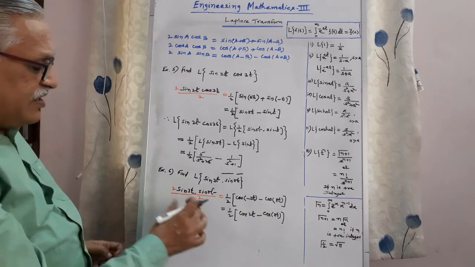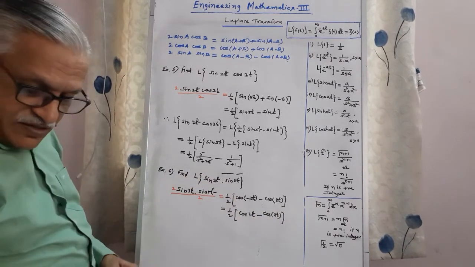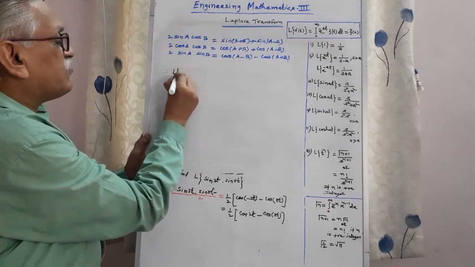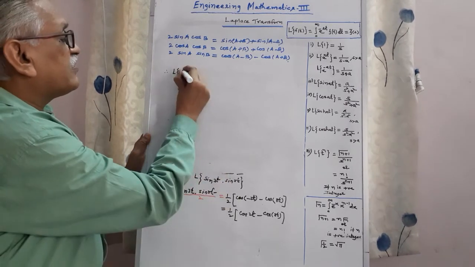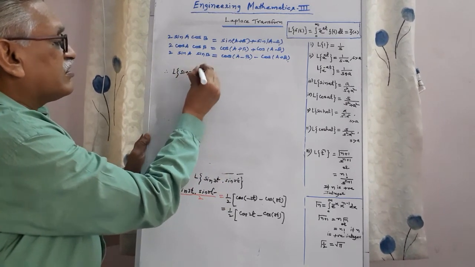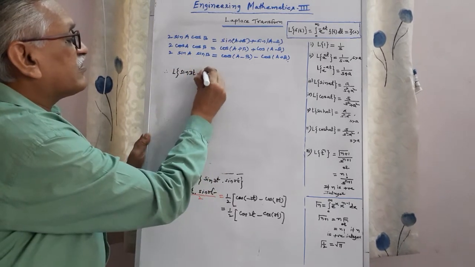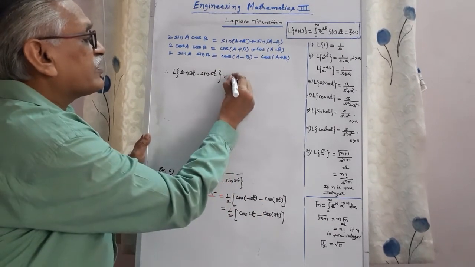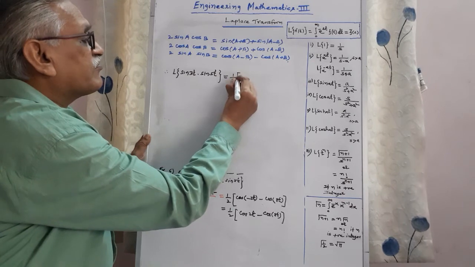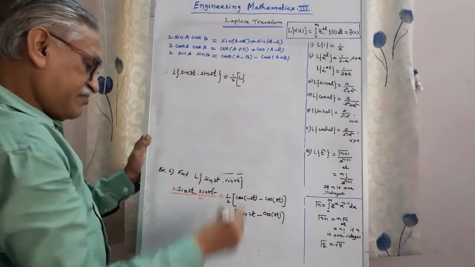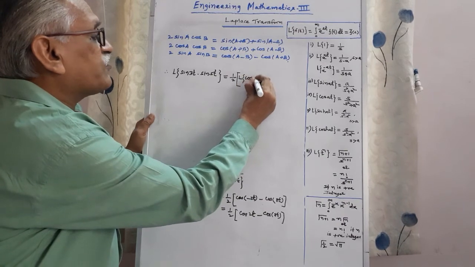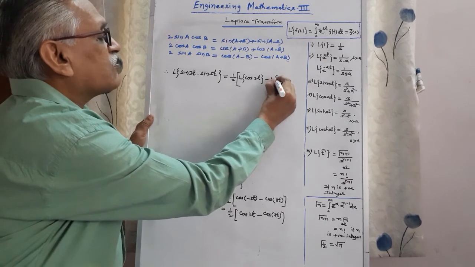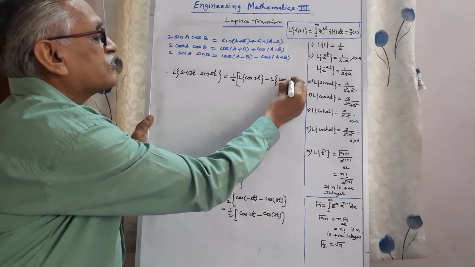Then we find the Laplace of this. Therefore, Laplace transform of sin 3t into sin 5t is Laplace of this. 1 by 2 I will take outside directly. Laplace of the first term, cos of 2t, minus Laplace of cos of 8t.